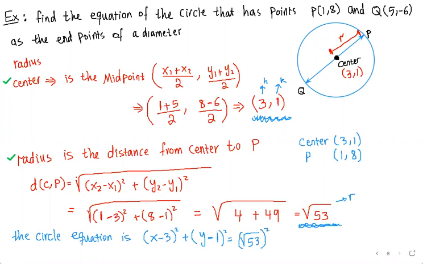So I want to simplify it more. So x minus 3 squared plus y minus 1 squared equals square root of 53 squared, which is 53. And this is the equation of the circle. Makes sense? Any question? I can repeat if you did not get the idea.